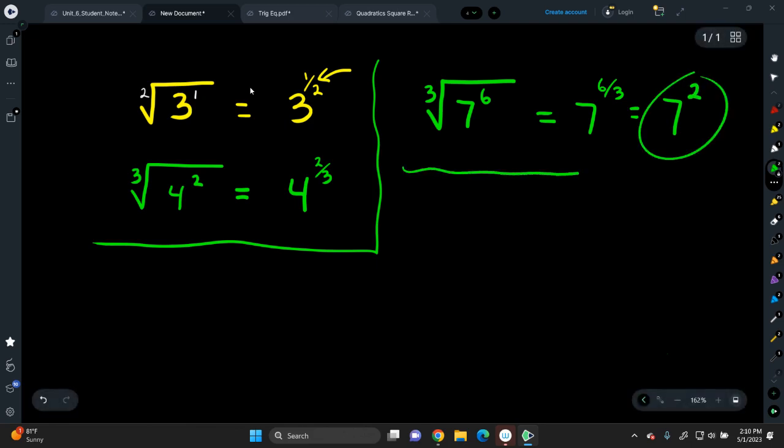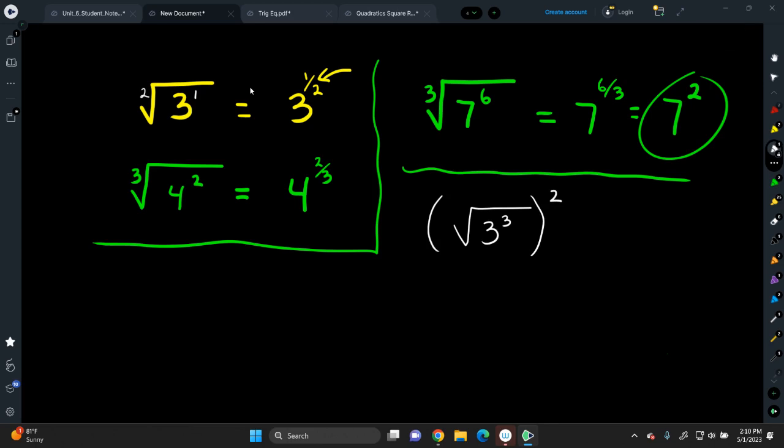Okay, how about this one? I'm going to get a little harder. How about the square root of 3 to the third, squared? Ooh, it just got hard.